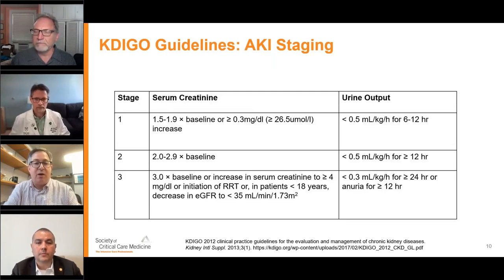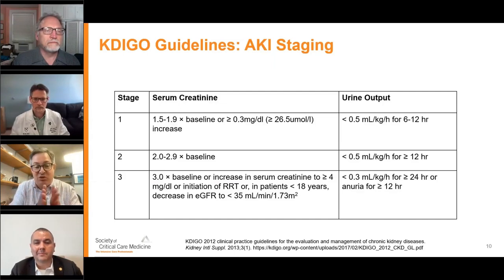Specifically, I would imagine around the idea that stage 1 AKI 0.5 mLs per kg per hour is not necessarily the most robust cutoff for that 6 to 12 hour period, and talking about the idea that traditionally, much to the dismay of many ICU nurses and many practitioners, we talk about it being for 6 consecutive hours, and that there maybe is some data out there that shows that that isn't necessarily the best way to do it.